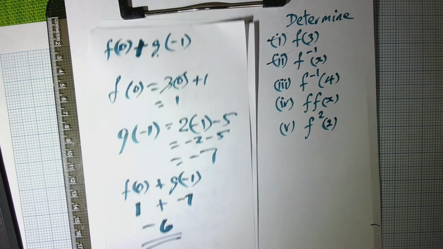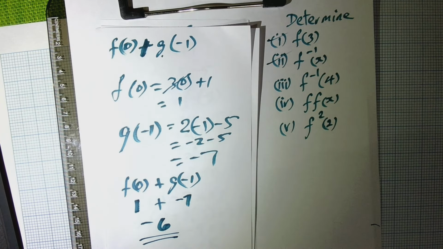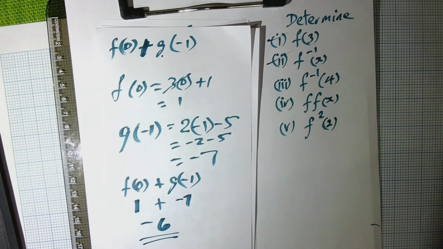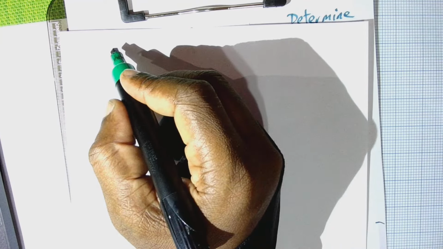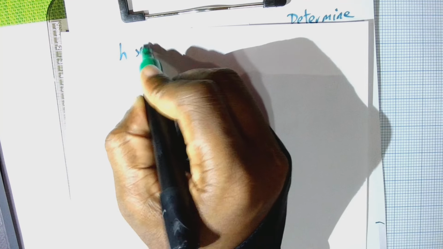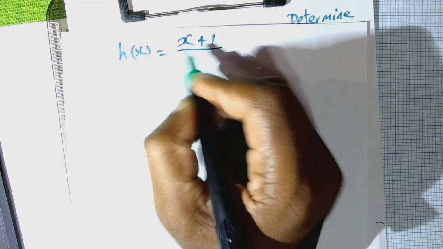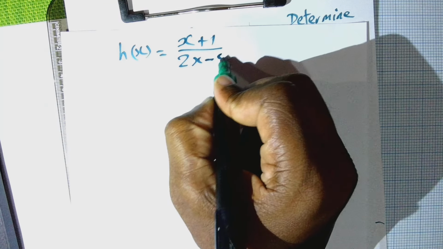Okay. Now there are other concepts that we could look at with functions. What about when they ask about a function being undefined? What value of x would make a function undefined? So let's look at another function then. Let's suppose that we have something like this. H of x is equal to x plus 1 over 2x minus 5.